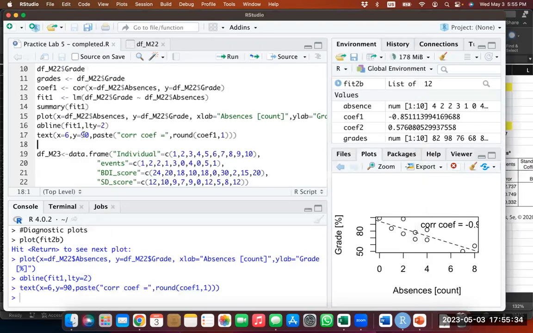And with the text function, with X equals 6 and Y equals 90, you state the location in which you're pasting your correlation coefficient. This comes from our correlation model, which is right here in line 12. It extracts that information and places it on the graph wherever you want to have it.